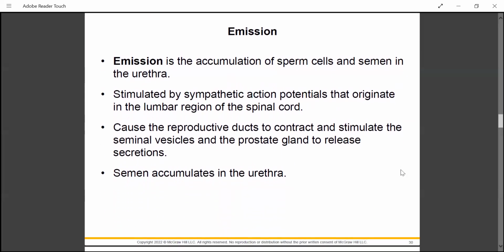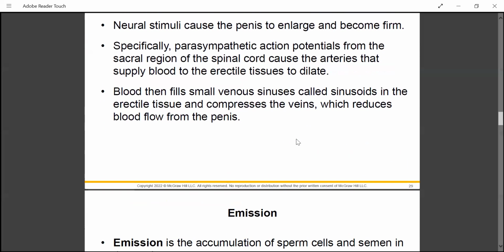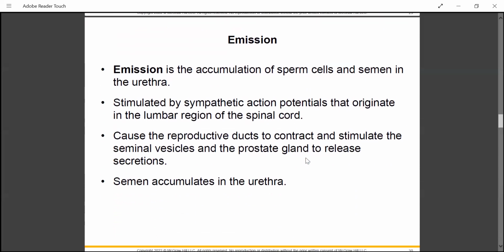As we said, emission is when we have accumulation of our sperm and the semen, so sperm plus the secretions from the different glands, into the urethra. This is actually stimulated by sympathetic input. So we said erection is parasympathetic input, emission is sympathetic input.